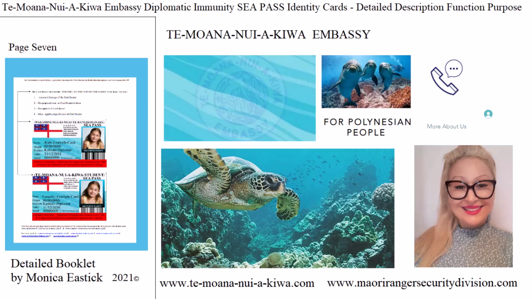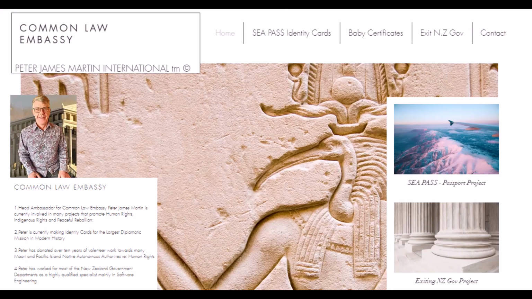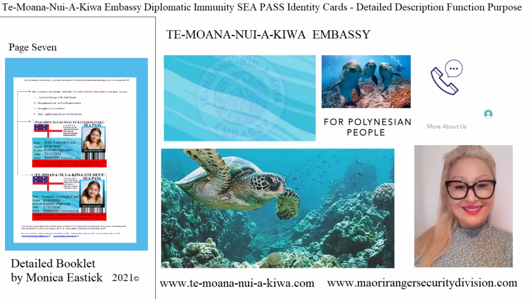Te-Moana-Nui-A-Kiwa embassy comes from a different beginning, and common law embassy comes from a different beginning, but we work in partnership because not only do we share the design, production and sales rights of the Te-Moana-Nui-A-Kiwa Diplomatic Community C-Pass identity cards, we've conducted a lot of projects together, and we will continue to conduct projects together, although we'll be in separate embassies, which is great.